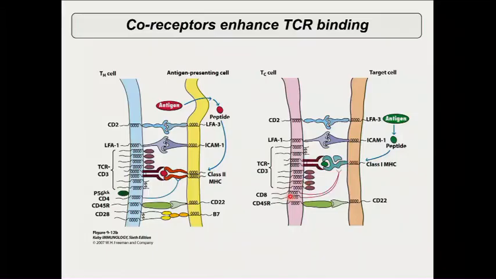Specificity is provided by the CD8 protein. Only the cytotoxic T cells have CD8, and the T helper cells have CD4. That is why they are so specific for class 2 MHC in this case, class 1 MHC in this case. Okay?